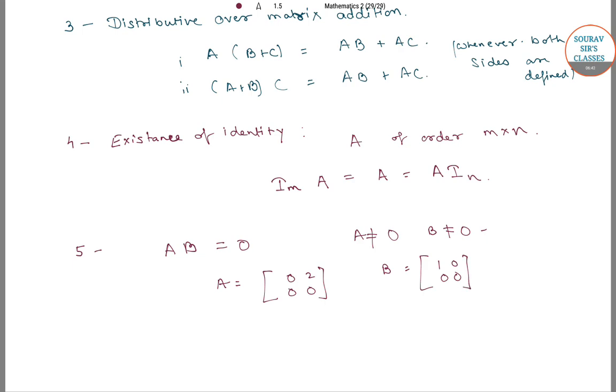Then AB: first is 0 into 1 plus 2 into 0, so it would be 0. Second is 0 into 0 and 0 into 2. Third is again 0, and fourth is 0 into 0, so 0. So AB is equal to 0 where A and B both are not equal to 0.